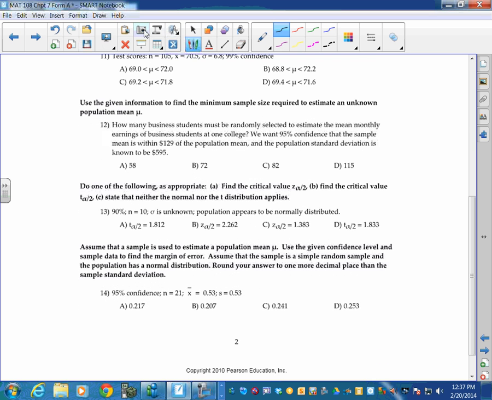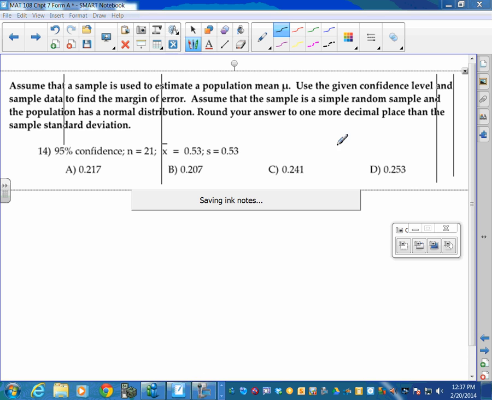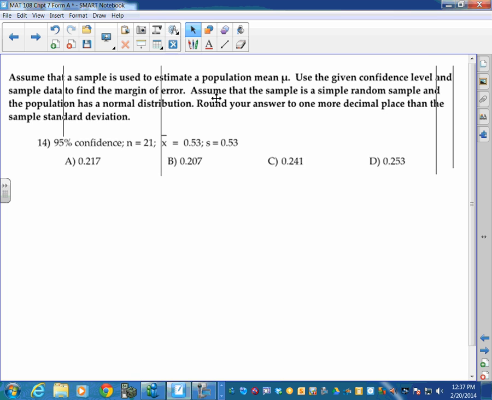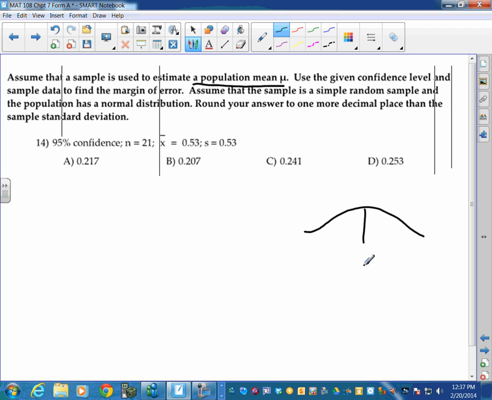Here we go. Number 14. Assume the sample estimated population mean, confidence level, find the margin of error. So here's my X bar, here's my confidence interval, here's my error.